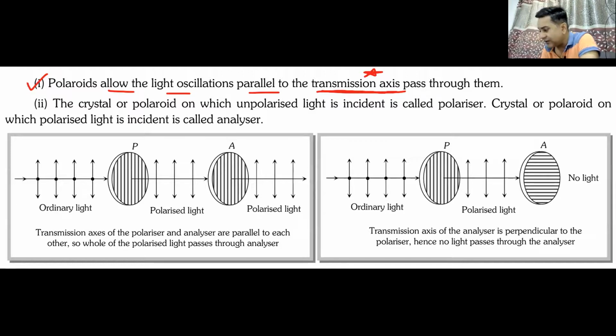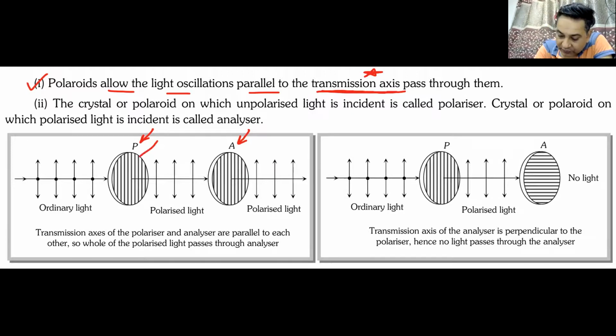You see two diagrams on the left hand side and on the right hand side. Based on what you have understood, can you tell me what is the transmission axis of this P? P means polarizer and A means analyzer. Do you see their transmission axis? Yes, sir.